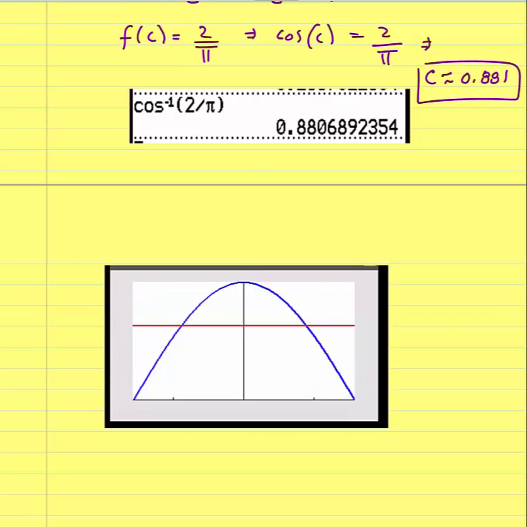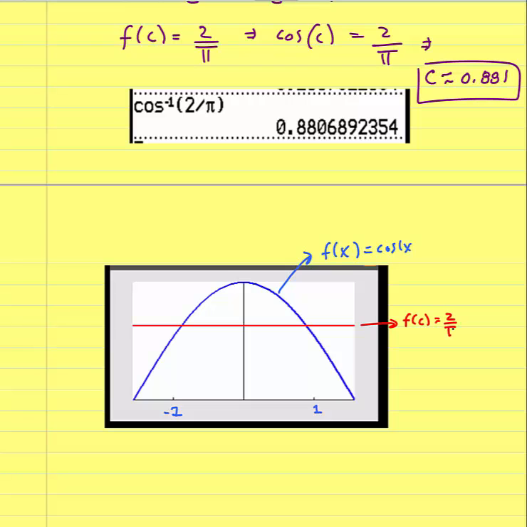So the blue graph is f of x equal cosine of x. Okay, and this is equal to 1, and this is equal to -1 on my axis. Now this red line right here is f of c equal 2 over pi.